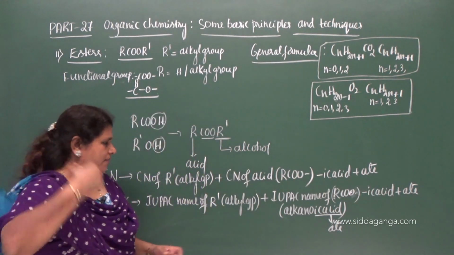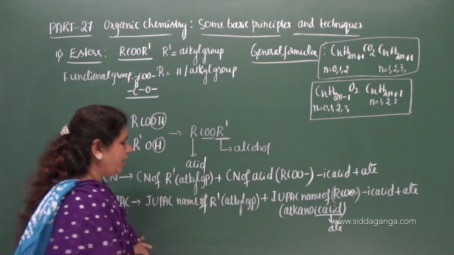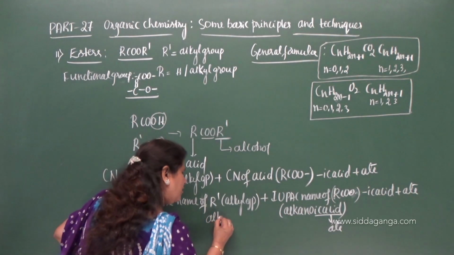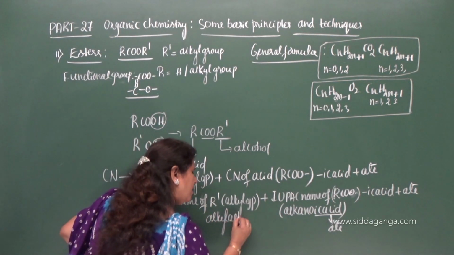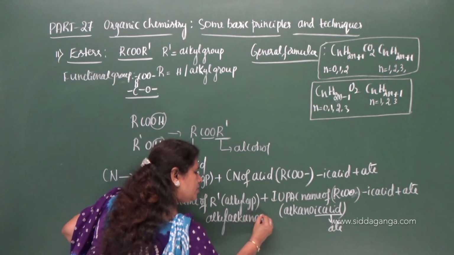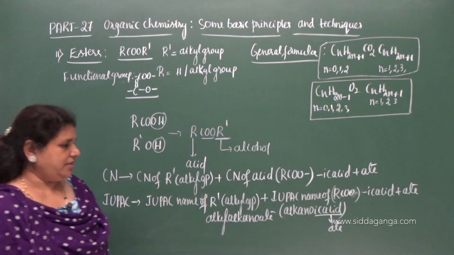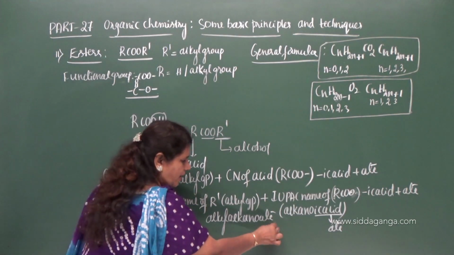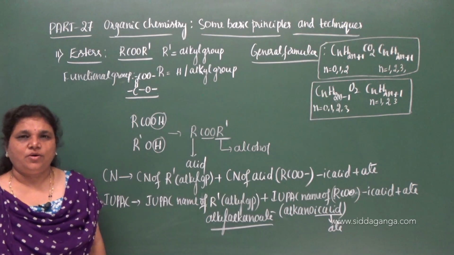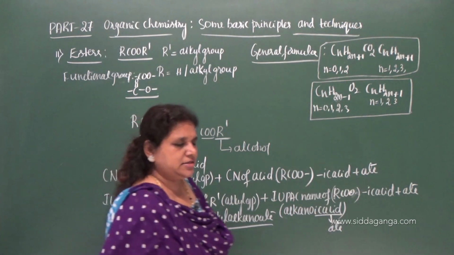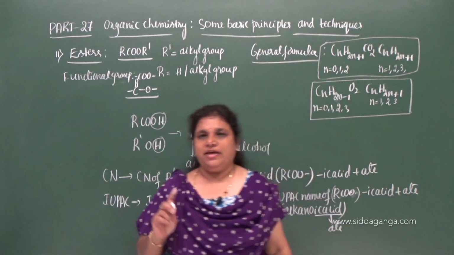Then what will be the name? Alkyl alkanoate. So here ic acid is replaced by ATE, then the name becomes alkyl alkanoate. So alkyl alkanoate is the IUPAC name of esters.